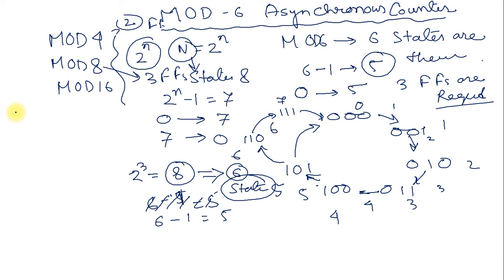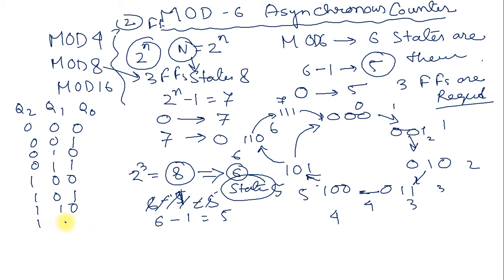If I write the truth table of this mod 6 counter, basically it is a 3-bit counter. Q2 is the MSB, then Q1 and Q0: 000, 001, 010, 011, 100, 101, 110, 111.